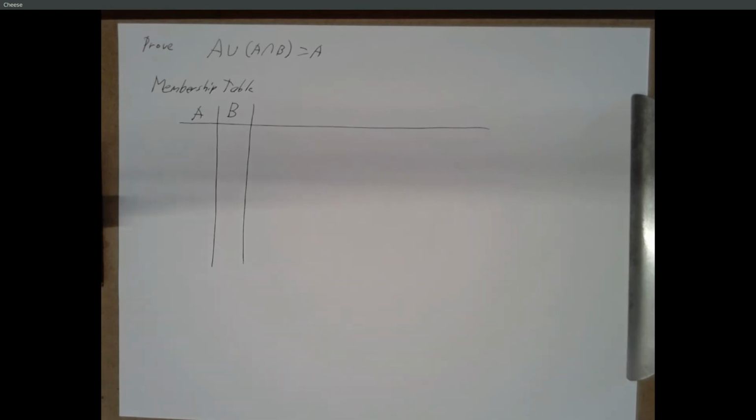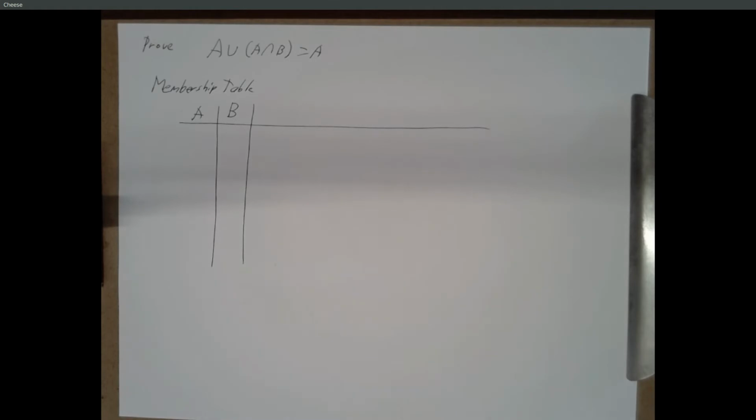And I don't know which element it is, but we're picking one element of the universe. And I'm going to ask the following question. Is that element a member of set A? And the answer is either yes or no, right? And then I'm going to ask, is that element a member of set B? And the answer is either yes or no.